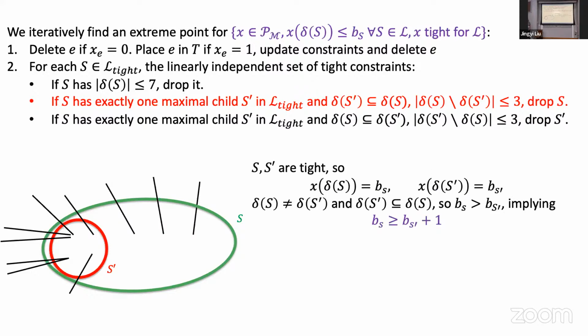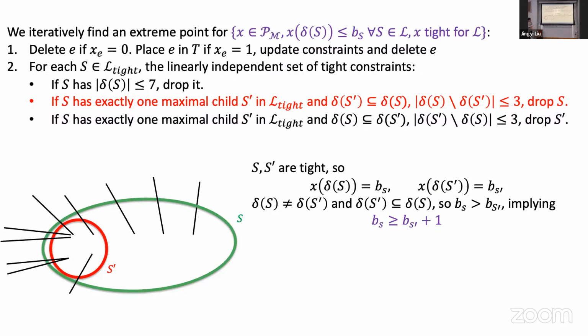And the reason is that S and S prime are tight. So x of delta of S is equal to BS, and x of delta of S prime is equal to BS prime. And furthermore, these cuts aren't equal because they're linearly independent.